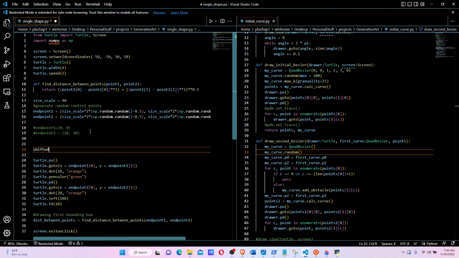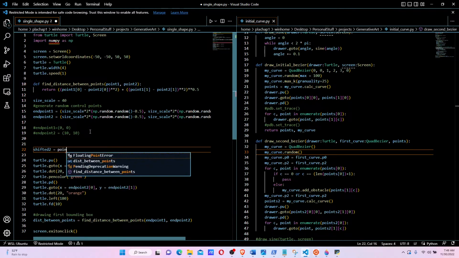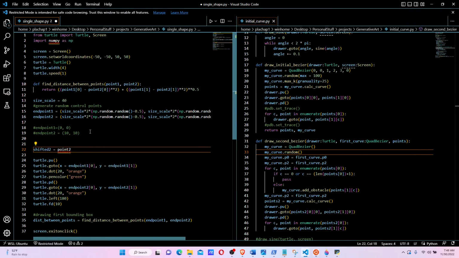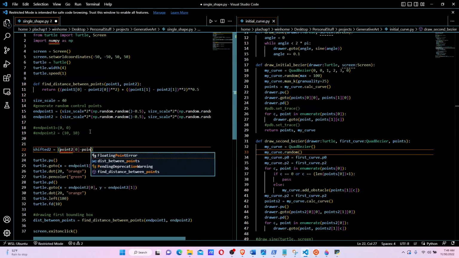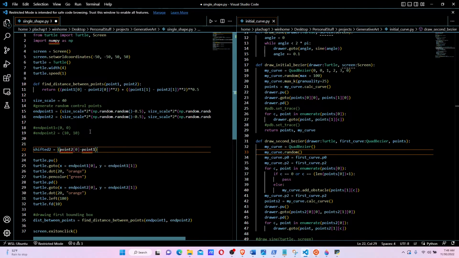So we could say shifted 2 is equal to 0.2. There are 2 points. First point is 0.2 of 0 minus 0.1 of 0, and the second one is that except with the y values.